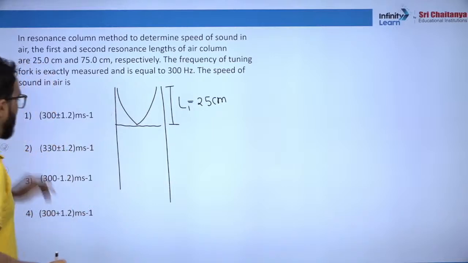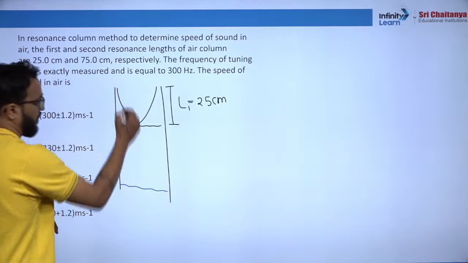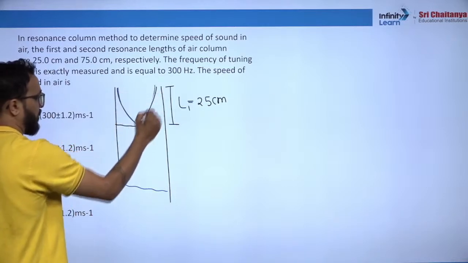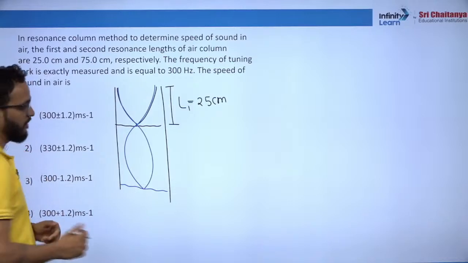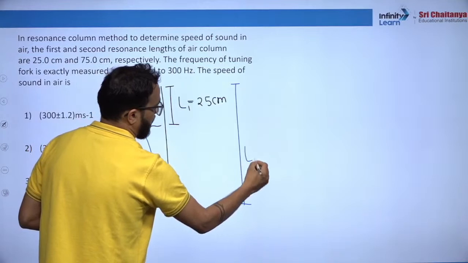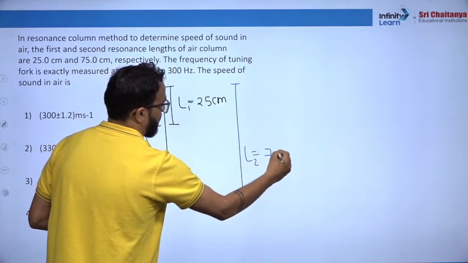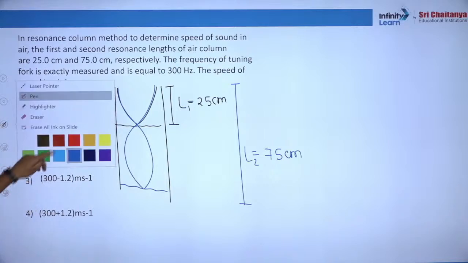Now next possibility will be when the water level comes down here. Like this, right? So this is going to be L2, which is 75 centimeter.